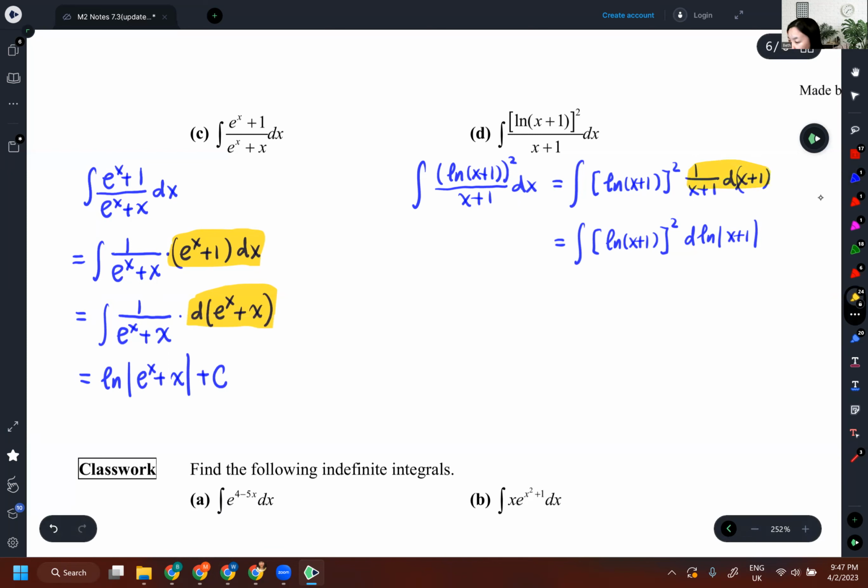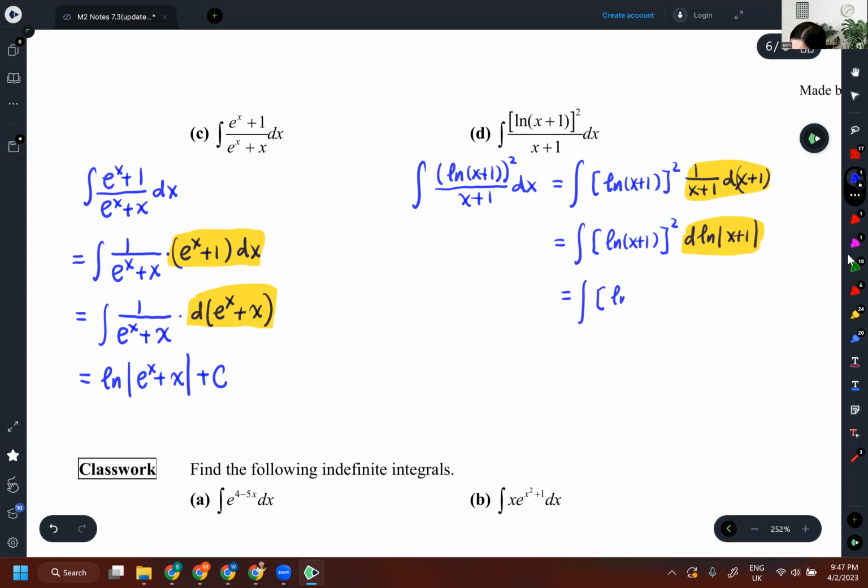So here is the substitution. Now in this question, because x plus 1 is obviously positive, otherwise it won't be put inside log.